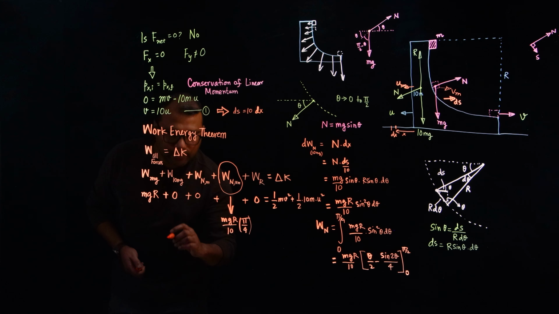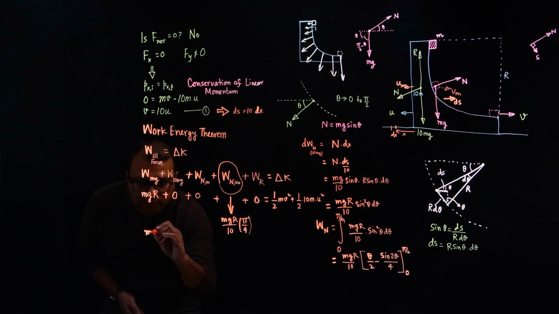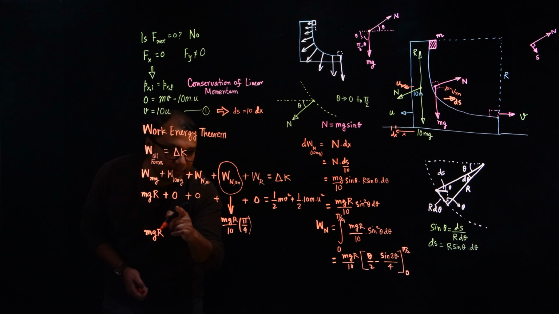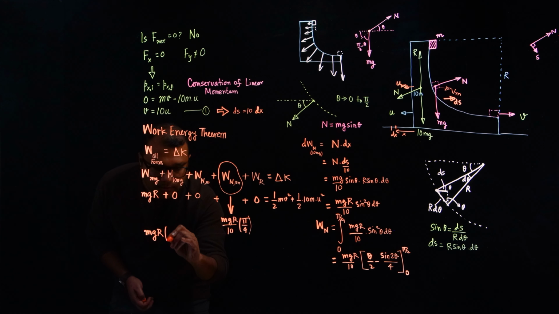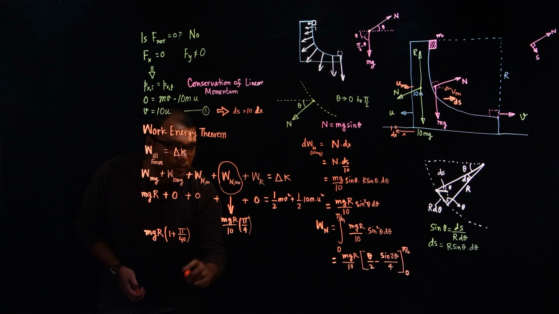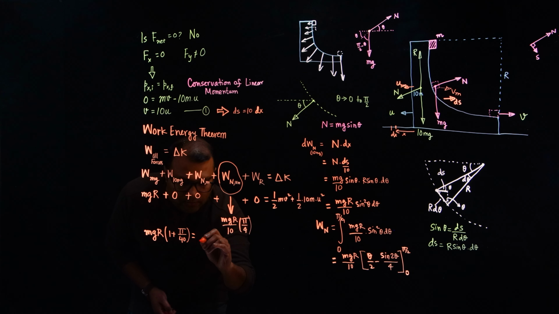So now we get a relation here. We have just substituted everything. On the left side we have mgr and this, so we can say mgr times (1 plus pi by 40) is equal to this term.